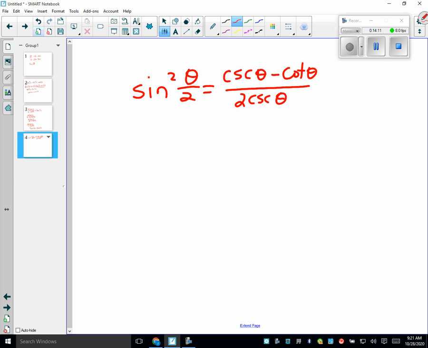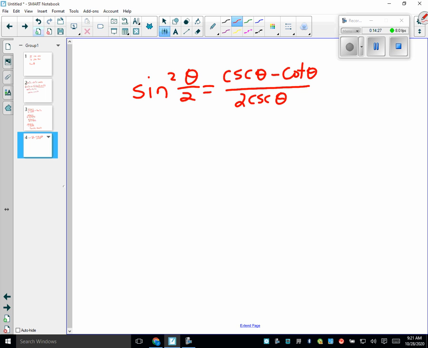So on the right, what do you think I should do? Change things to sine and cosine. Now, I'm assuming you all know how to do that without looking at it. Is that a good assumption?